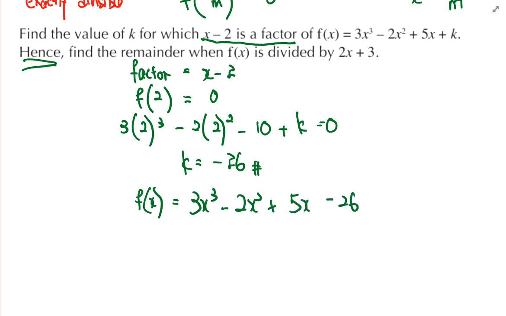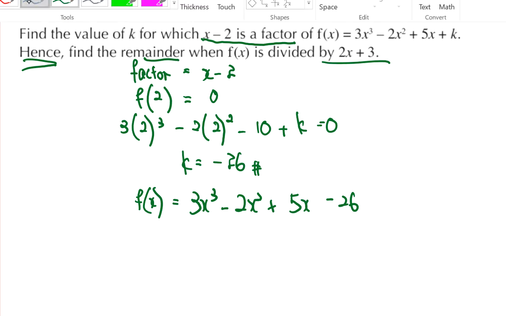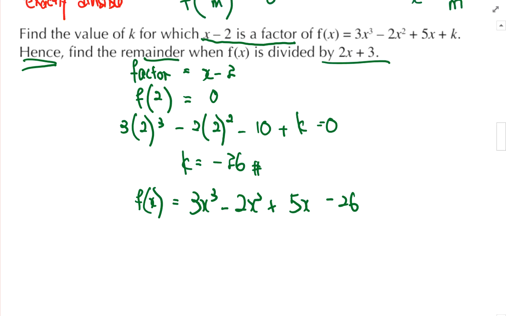Take a look at the second part. You are supposed to find the remainder when divided by 2x plus 3. In this case, you know you have to use the divisor because we are using the word remainder over here. So when the divisor is equal to 2x plus 3, I'm supposed to substitute x to be negative 3 over 2 inside to find the remainder. Please don't do your long division.